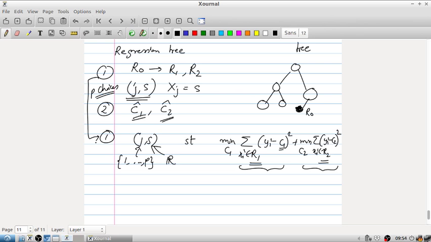So might as well stop when you have 1 point in that region. But that would be one option, and you can think of another way. I don't want to go all the way to only 1 point in the final node. I can maybe stop when there are fewer than 10 points in my region, so then I don't want to split it further. That's your design choice.